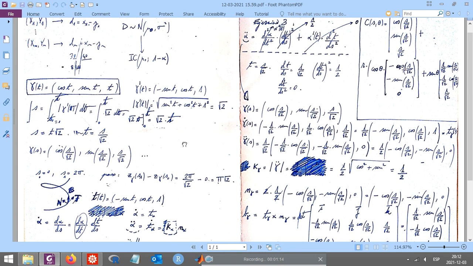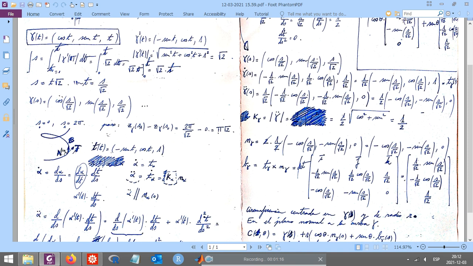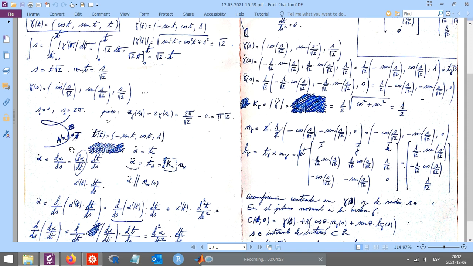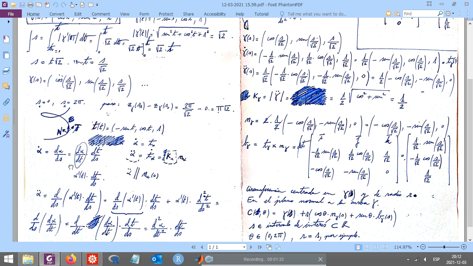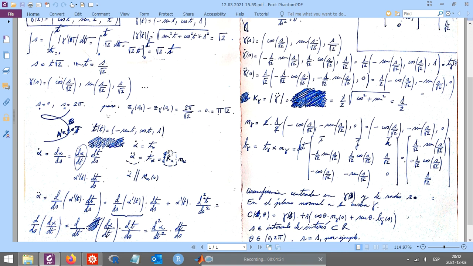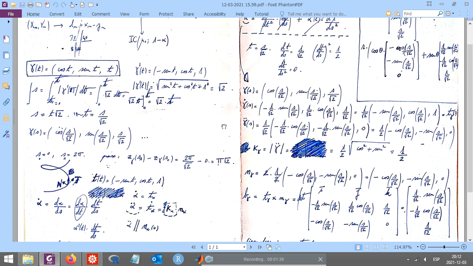So in order to get that circumference, and in order for it to be orthogonal to the helix at every point of the helix, I need the normal and the binormal vectors. And this is what I have here.